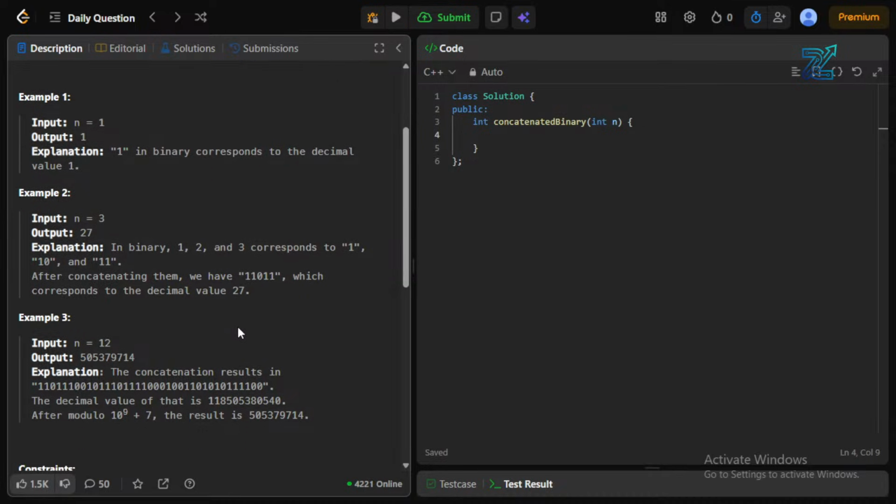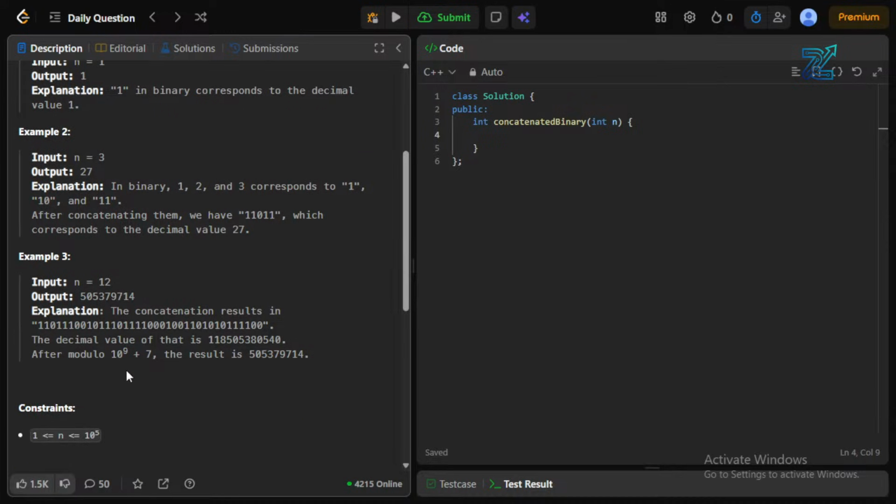If you see the third example, the n is 12, right? So we need to concatenate the binary values from 1 to n, then 1 to 12. So 1 to 12 means the binary value of 1, binary value of 2, binary value of 3, 4, 5, 6, 7, 8, 9, 10, 11 up to 12.